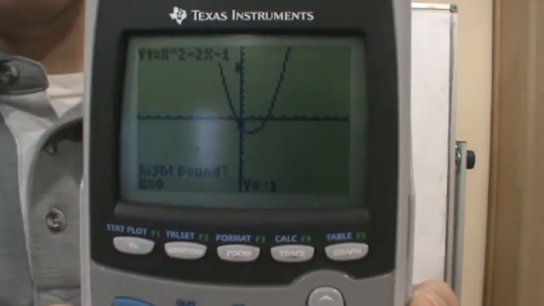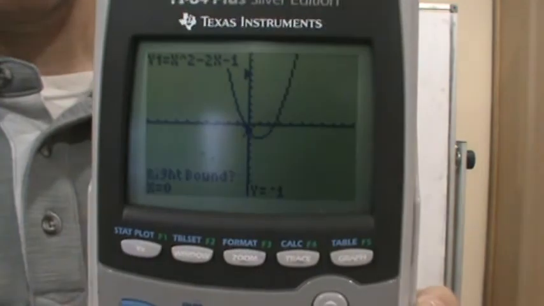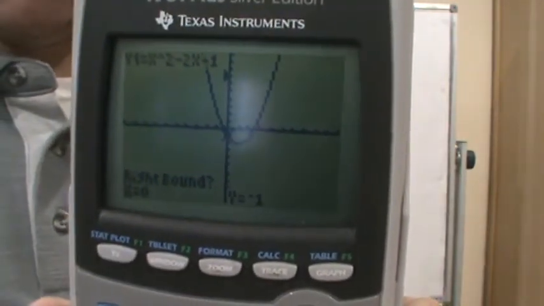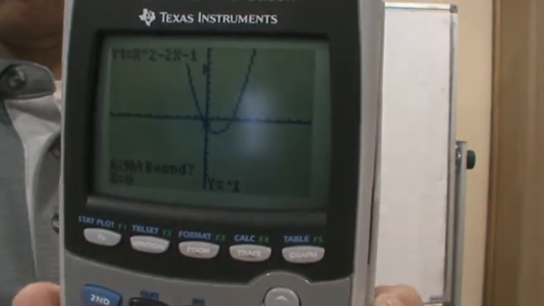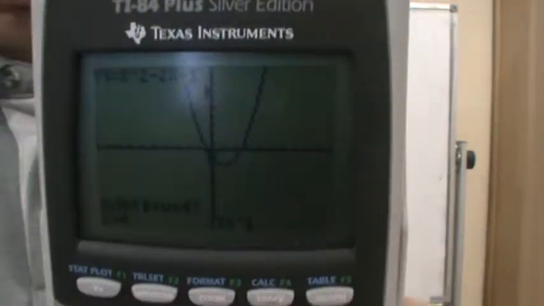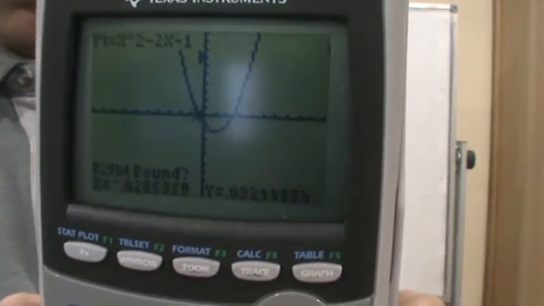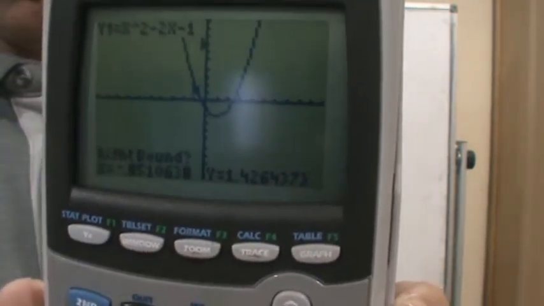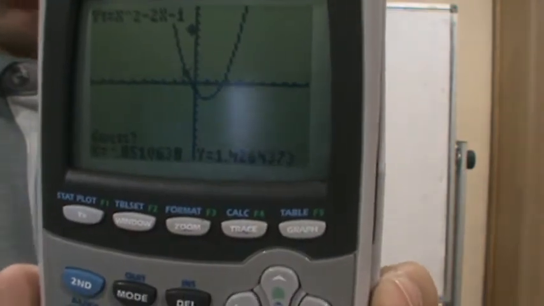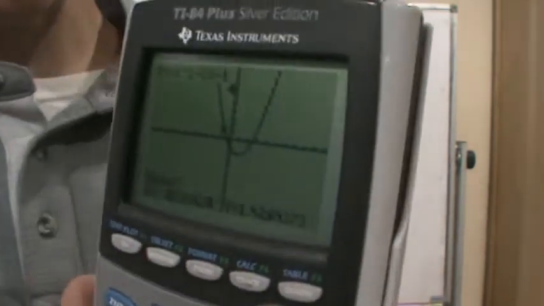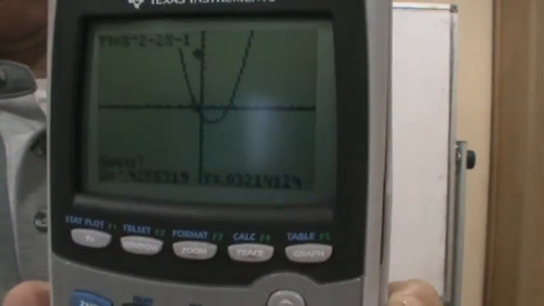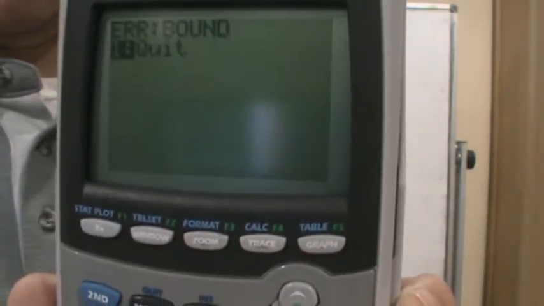And now it's asking me for the right bound, so I'm going to move my cursor to the right. Oops, wrong way. Okay, so now I'm above the 0, so I'm going to hit enter. And now it asks for my guess, so I'm going to go right about there and hit enter.